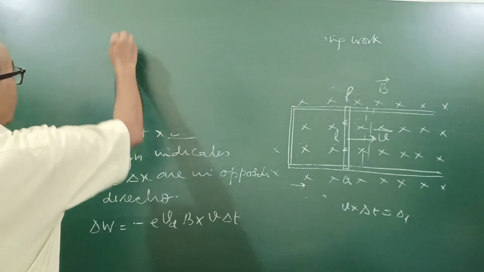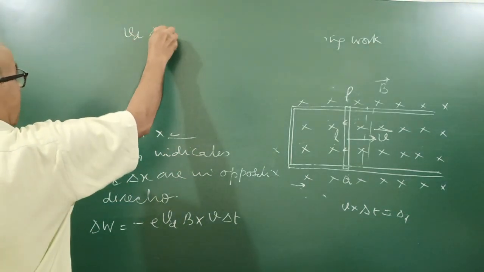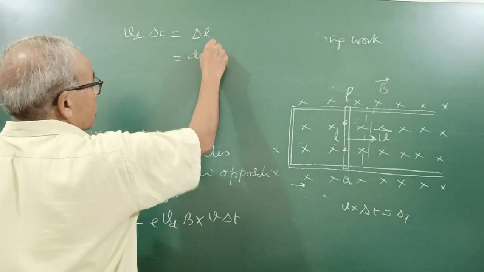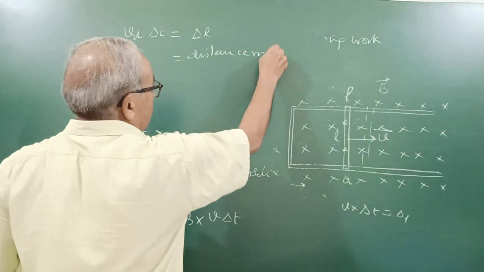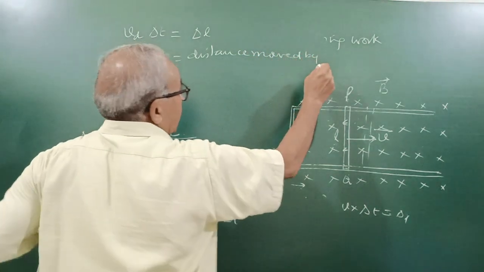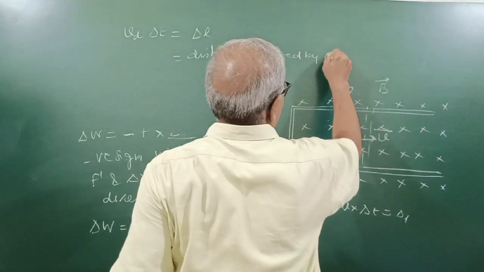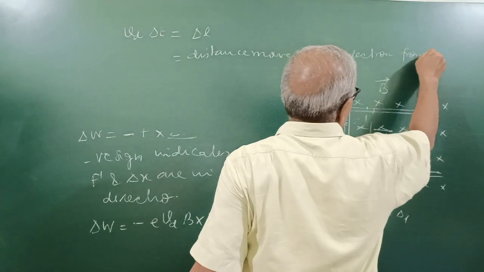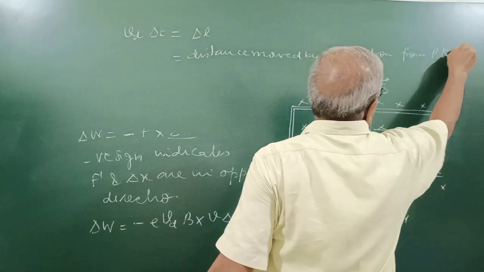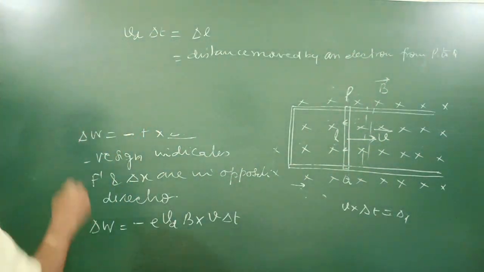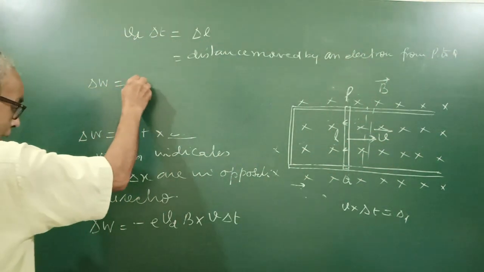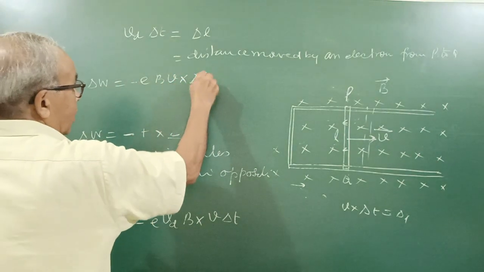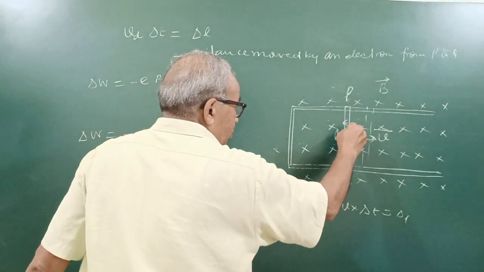Now Vd into delta t equal to delta L, the distance moved by an electron from P to Q. So we can write here delta W equal to minus E B V into delta L. Delta L is the distance traveled this way.